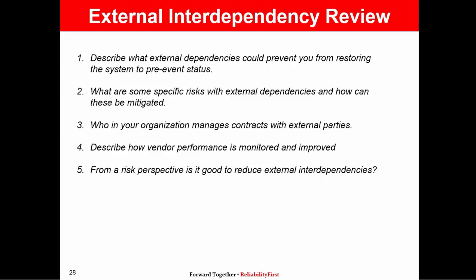And 5, from a risk perspective, is it good to reduce external interdependencies? I'll give you a moment to pause the webinar and think about these questions, and we'll be back in a minute.